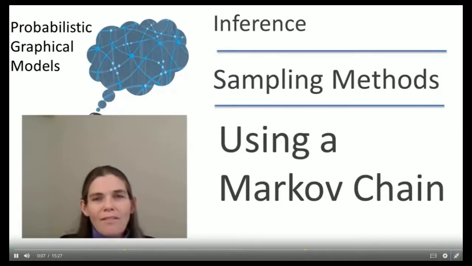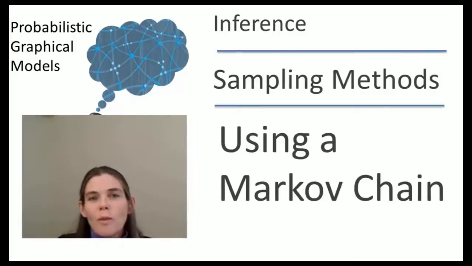But we left unanswered the question of, assuming we have a Markov chain that has the desired stationary distribution, how do we go about using it in the context of a concrete algorithmic procedure?